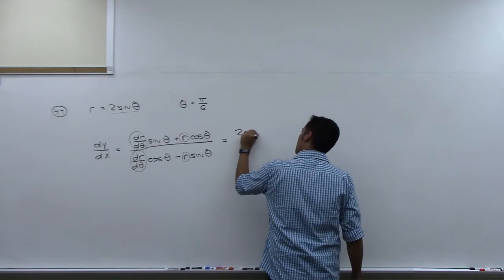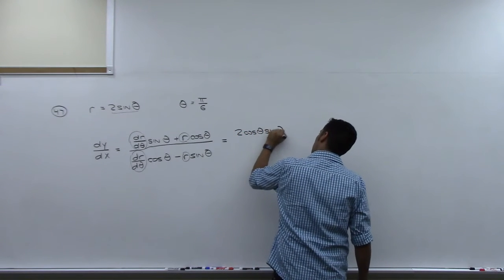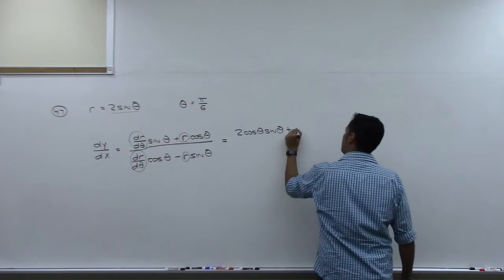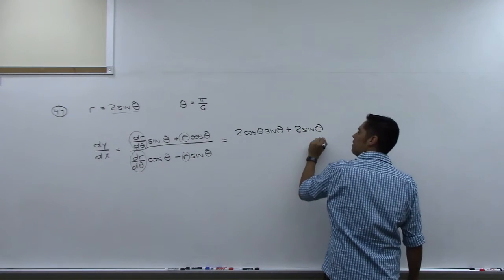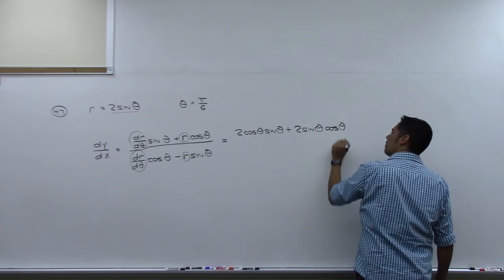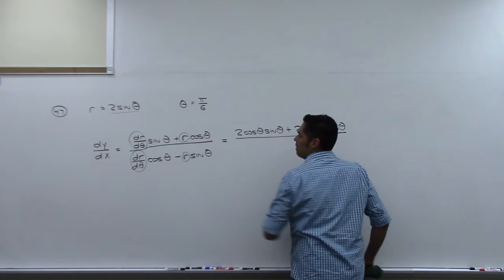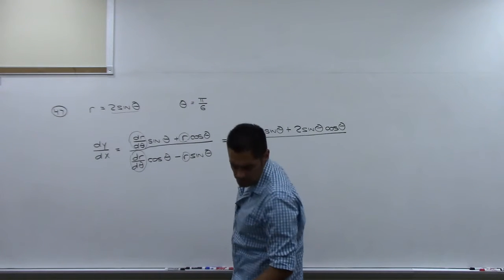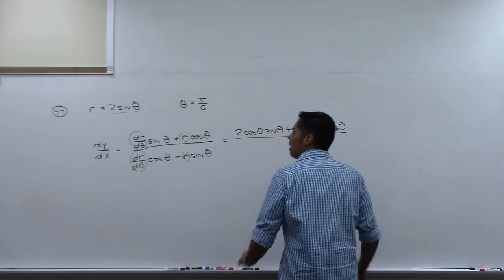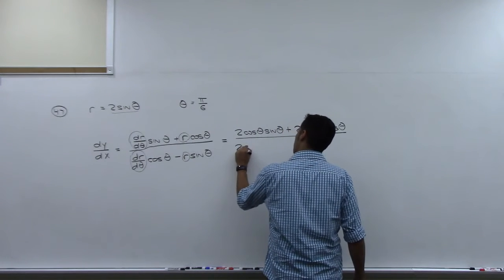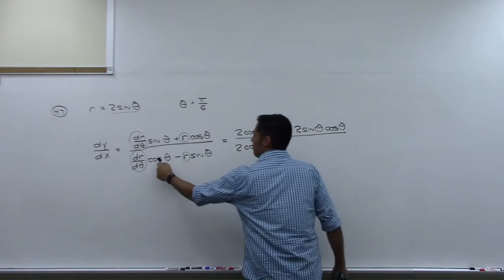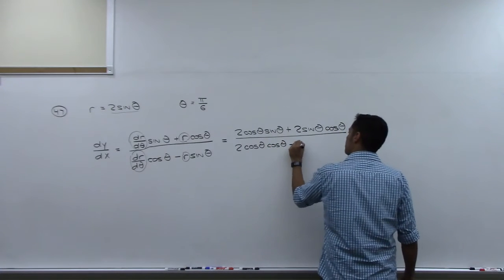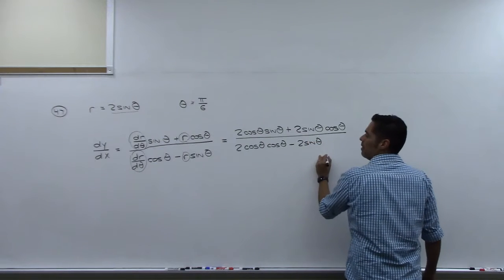So I have 2 cosine theta sine theta plus r, which is 2 sine theta, times cosine theta, over the derivative of r again, which was 2 cosine theta, but this time times cosine theta again, and then minus r, which we know is 2 sine theta, but times sine theta.